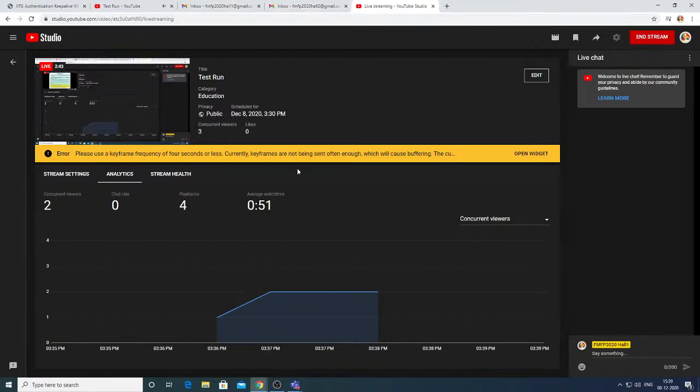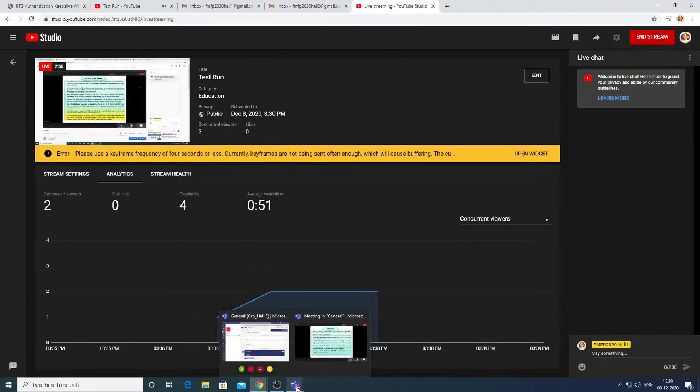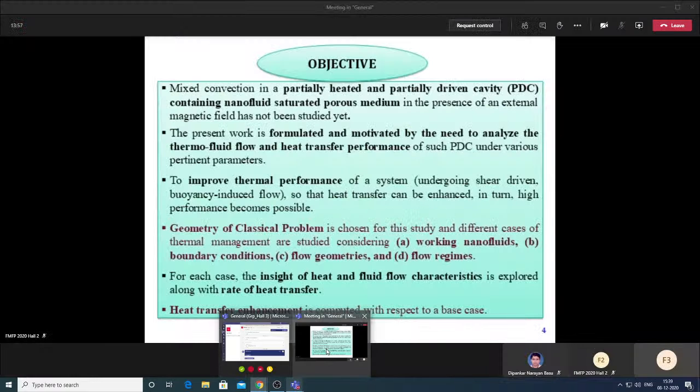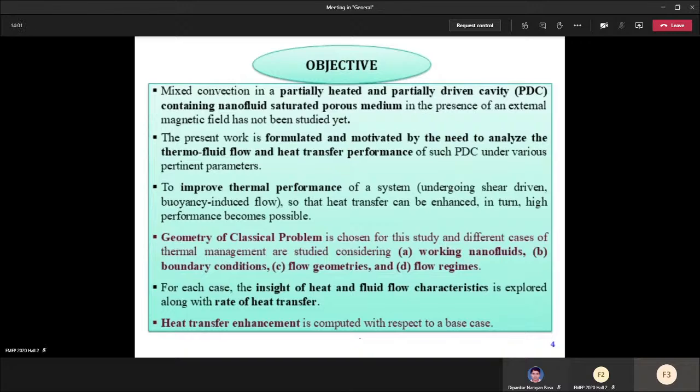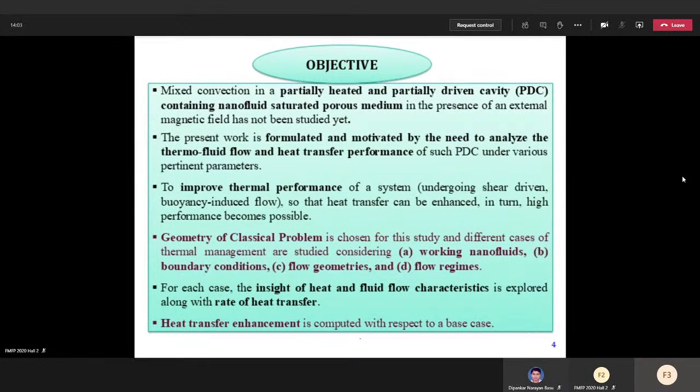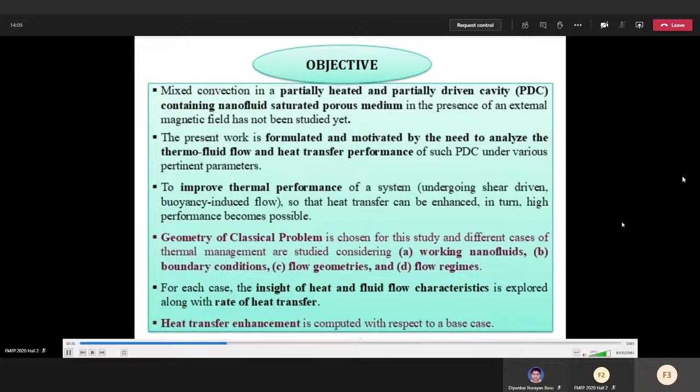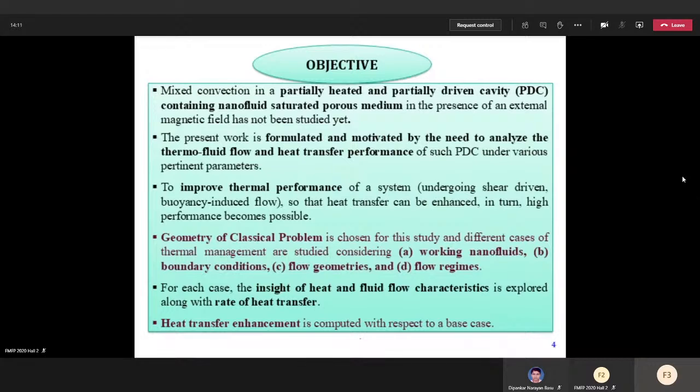PDC with tertiary wall heating is formulated and motivated by the need to analyze the scope of thermal flow and heat transfer performance in MHD mixed convection.